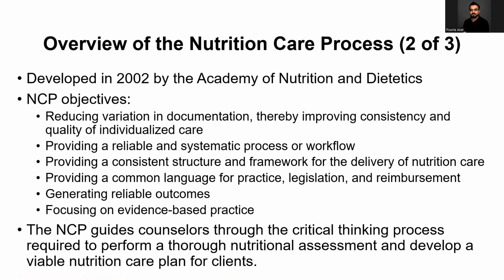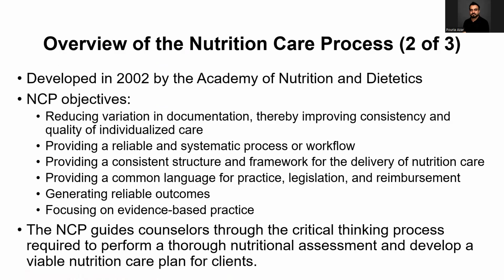So nutrition care process first was developed in 2002 by the Academy, and it serves several objectives. So these are main objectives of nutrition care process. It reduces variation in documentation. It improves consistency and quality of individualized care.